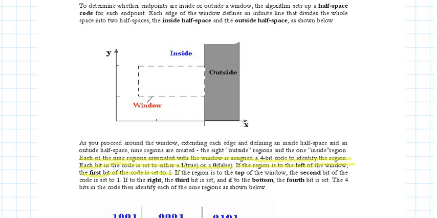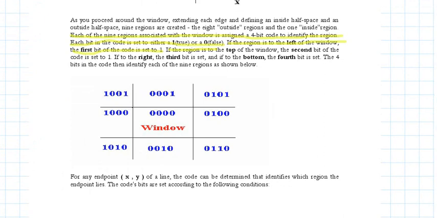If the region is to the top of the window, the second bit of the code is set to 1. If to the right, the third bit is set. If to the bottom, the fourth is set. The 4-bit code then is used to identify each of the 9 regions as shown in this diagram.